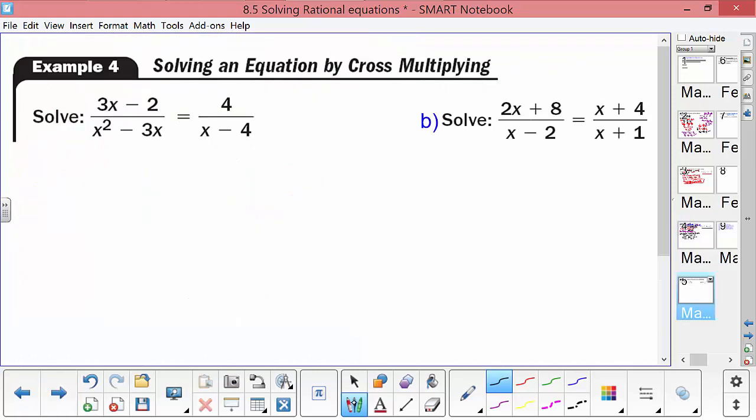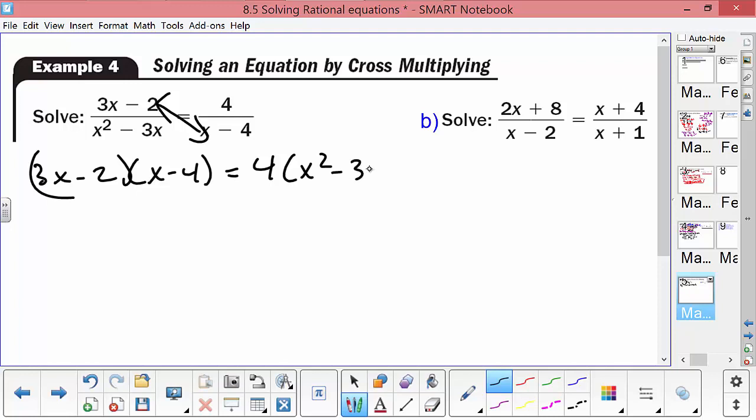So for the next question, it says solve by cross multiplying. That's the first thing I'm going to do. 3x minus 2 times x minus 4. I'm going to FOIL. I get outer is negative 12 and inner is negative 2.